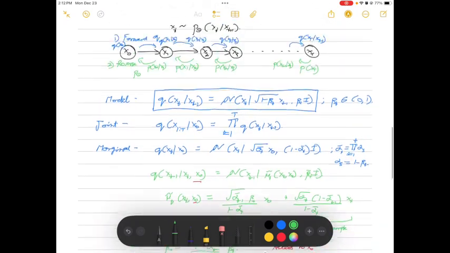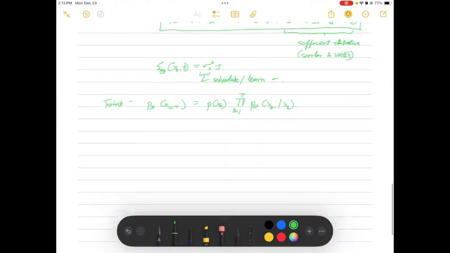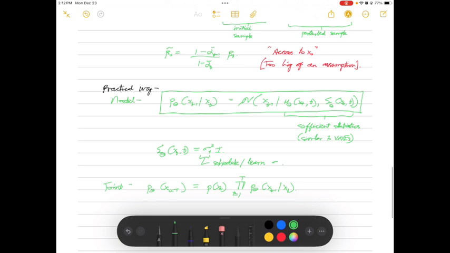So yeah, that's the practical way of learning to generate data using DDPMs. The model is the most important aspect here, the parameterization of the Gaussian x_{t-1} given x_t with the mean mu theta and the variance sigma theta, which are learned to iteratively denoise given the previous noisy sample.